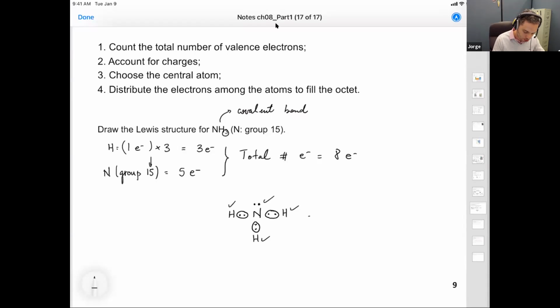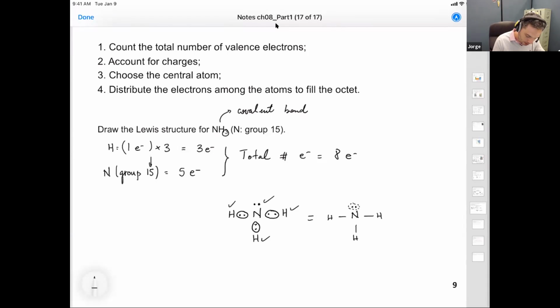Another way to draw this structure is using traces to represent the covalent bonds. So 1, 2, and 3. And I always want you to draw the pairs that are not being shared.